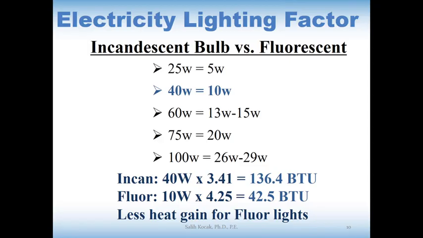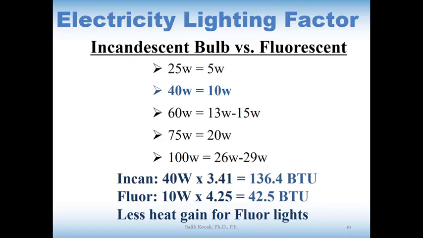Even though per watt fluorescent lights provide more heat, the lumens, the brightness wise, fluorescent lights provide more per watt. So instead of a 40 watt bulb, you can use a 10 watt fluorescent light.